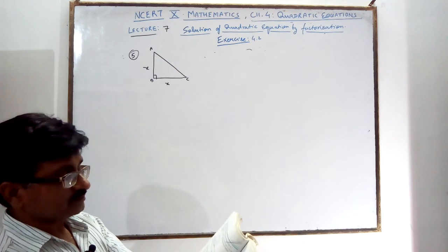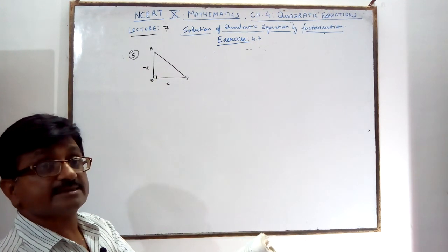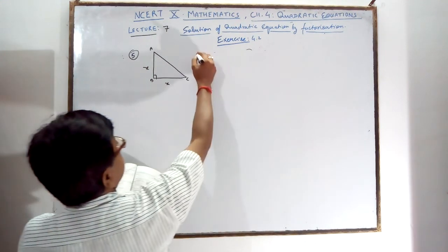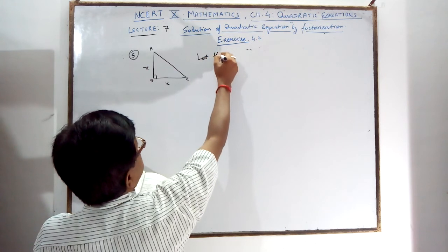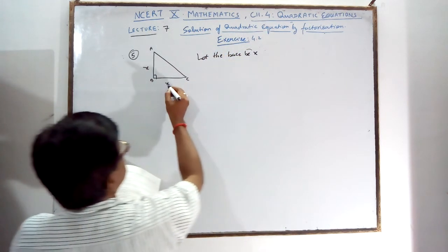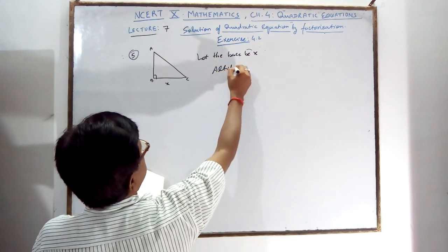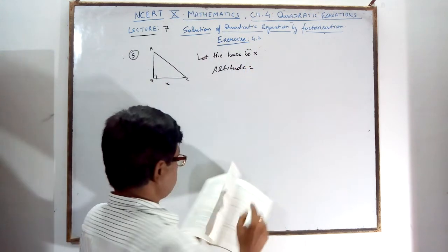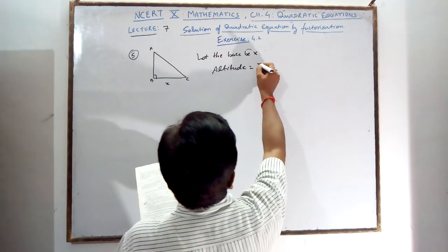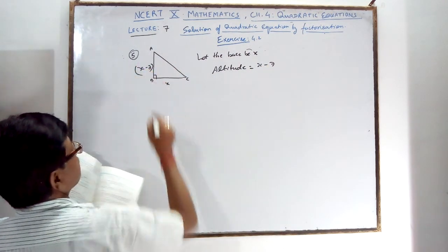It is 7 centimeter less than its base, so it will be x minus 7.